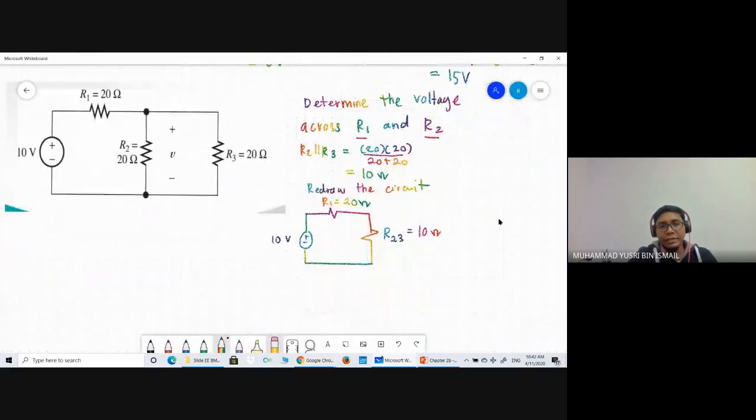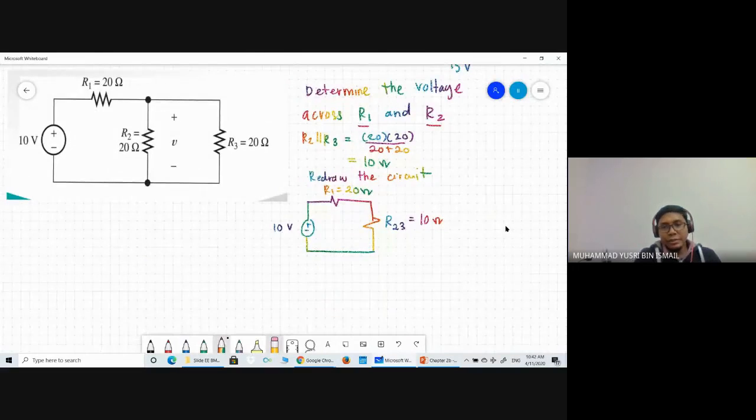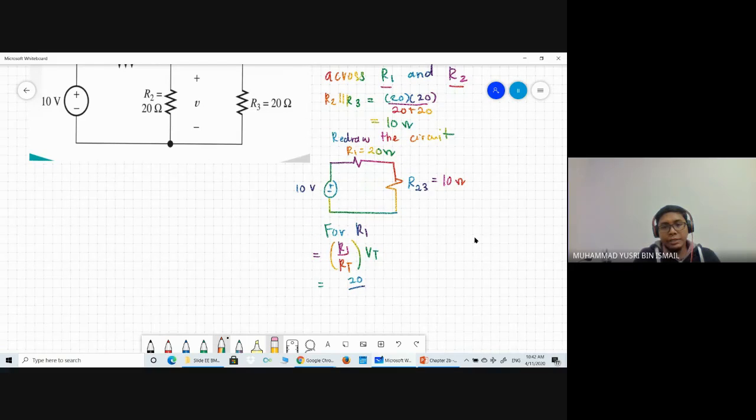10 volt. Okay. So basically, V for R1 is equal to R1 over R total times V total. R1 is 20 over R total, which is 20 plus 10, times 10 volt.